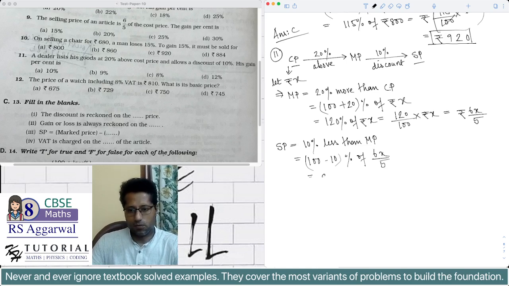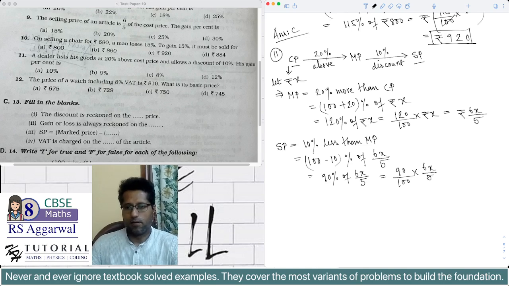This is equal to 90% of 6x by 5. This is equal to 90 by 100 multiplied by 6x by 5, and this is equal to, if we do a little bit of simplification, we have the zeros cancel out and we have 2 5s are 2 3s.